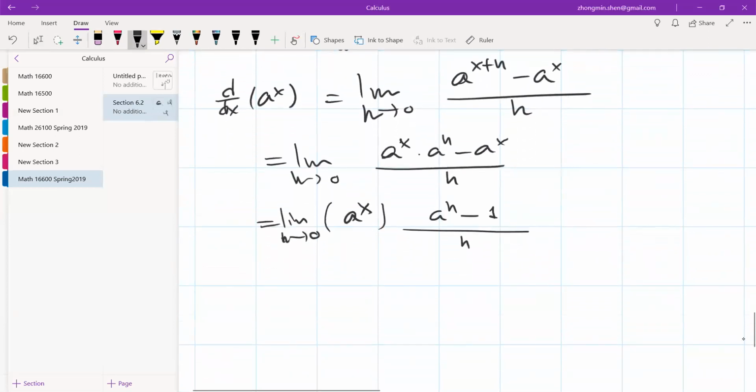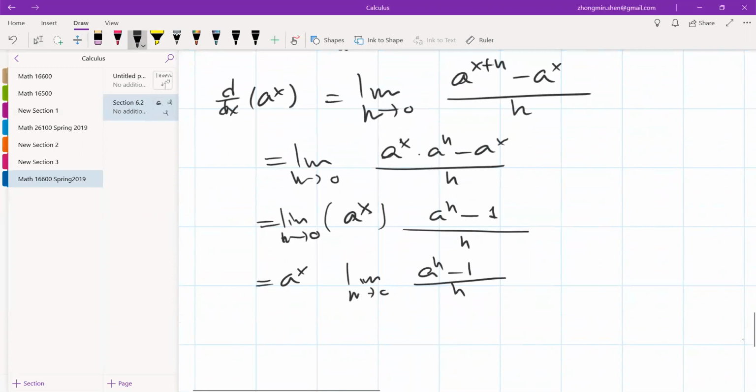This is separate, right? If I can find this limit, the second part, then I'm done. I can take a to the x out, right? So this limit has no x there. Good. It only depends on a.